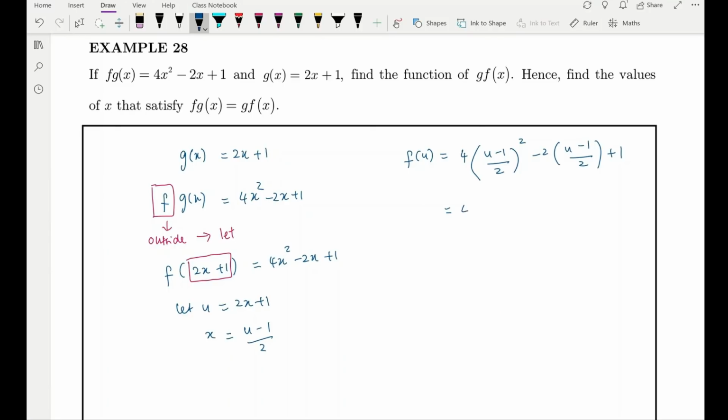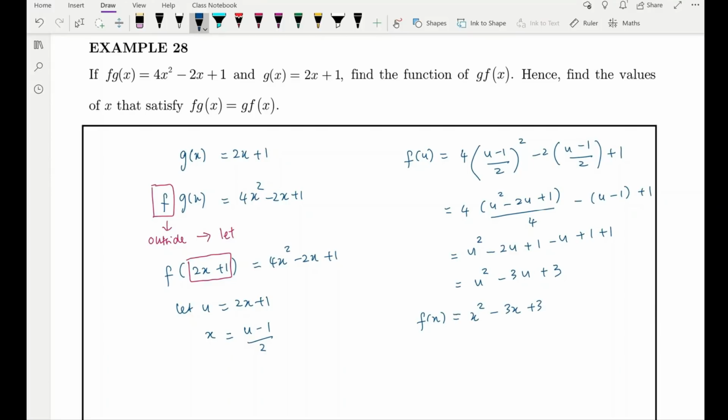So 4 times (u squared minus 2u plus 1) over 4 minus (u minus 1) plus 1, or u squared minus 2u plus 1 minus u plus 1 plus 1. So the final answer is u squared minus 3u plus 3. So we can get f(x) equal to x squared minus 3x plus 3.